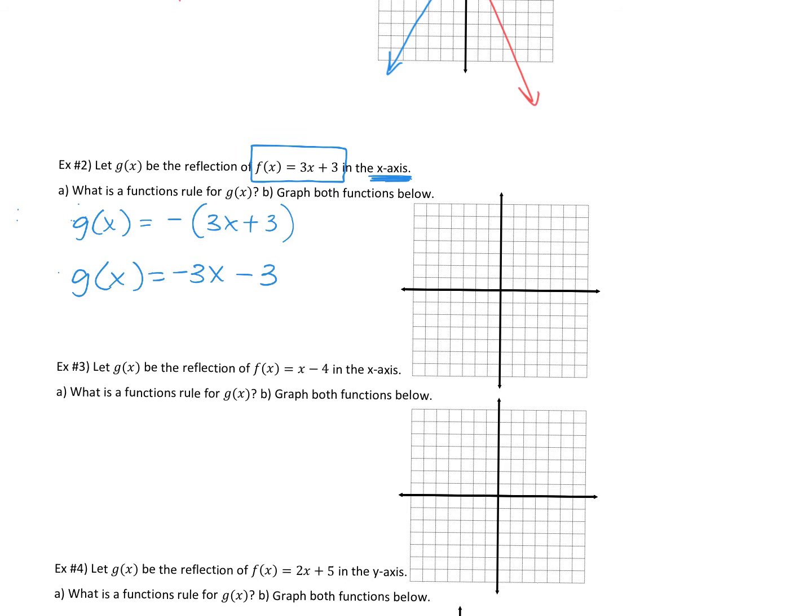So if that's our situation, I have to flip my page because I'm looking at the wrong thing. Now notice you have a different y-intercept and a different slope. So if we graph the original one, let's go here. Original one is up 3, and then we're going to rise 3 over 1. Okay, so that's that line.